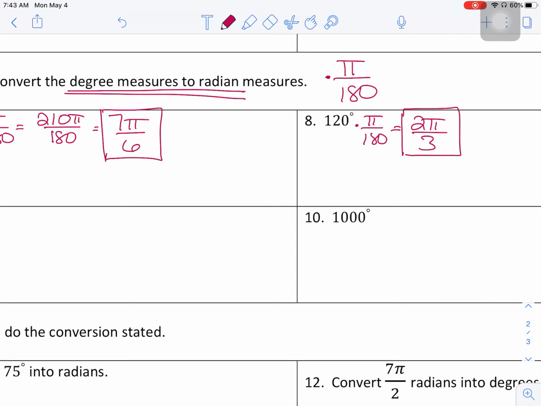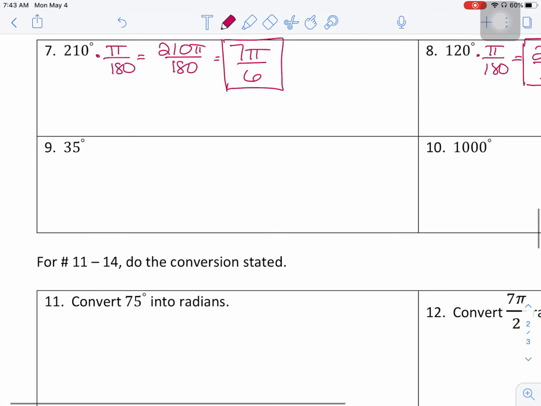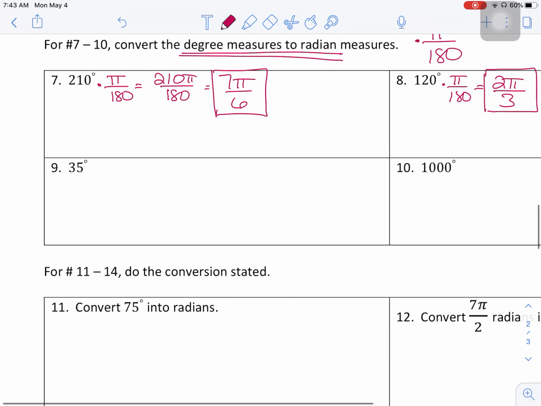Now, because these are in radians, obviously we're not going to put a degree symbol, so don't do it. All right. 35 degrees times pi over 180. So I'm going to take 35 divided by 180 and turn it into a fraction. So 7 pi over 36.